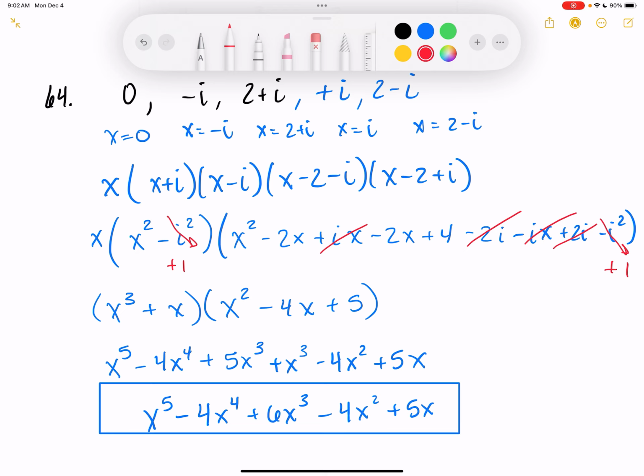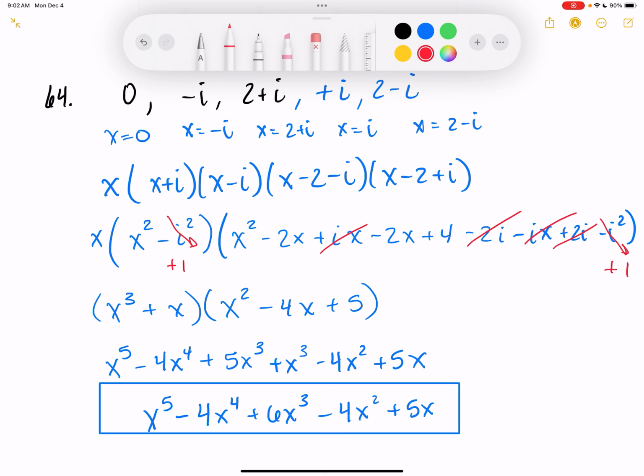So I ended up with x squared minus i squared, which i squared ultimately is -1, but that was negative, so it becomes +1. And then over here, that was x squared minus 2x plus ix minus 2x plus 4 minus 2i, and then minus ix plus 2i minus i squared, which again is going to become a +1 here.